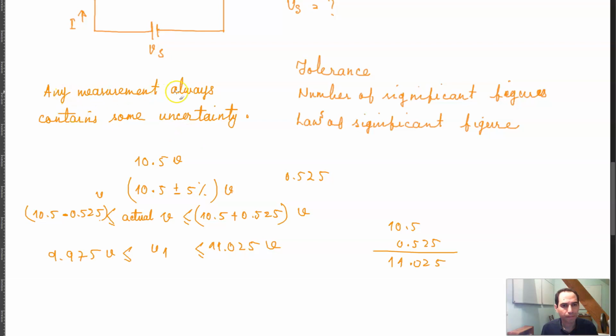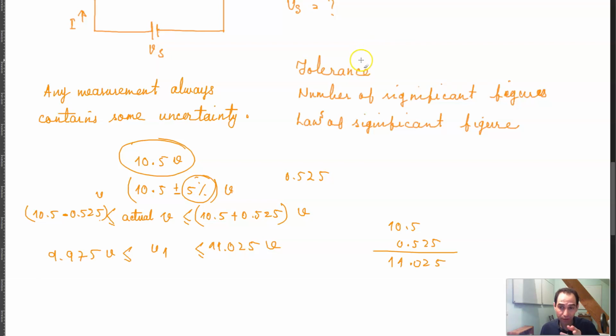So basically you have the significant figures, that's what you measure, and with this measurement comes some uncertainty, for example 5% or 10% or 3%, and so on and so forth.